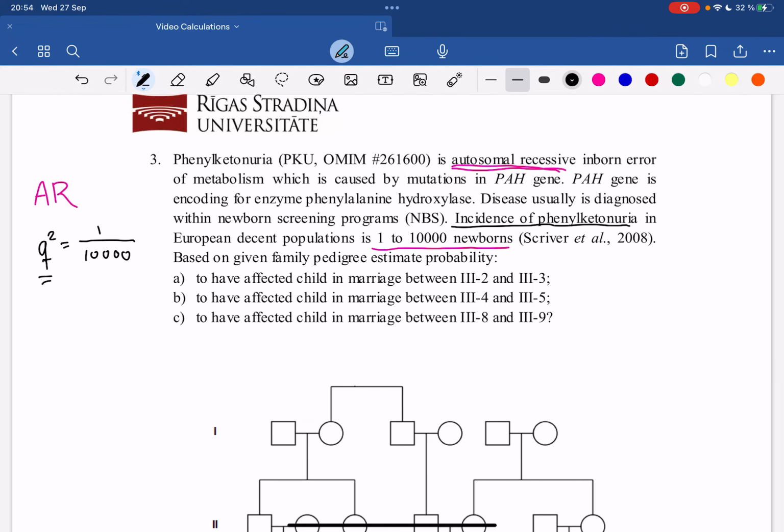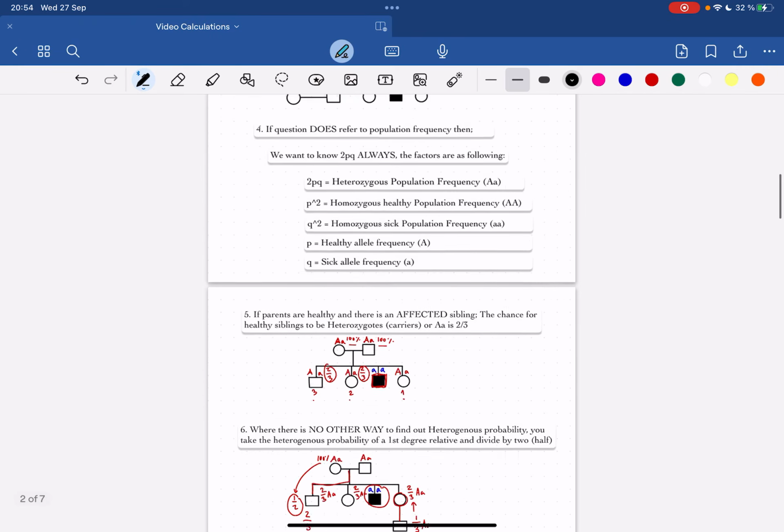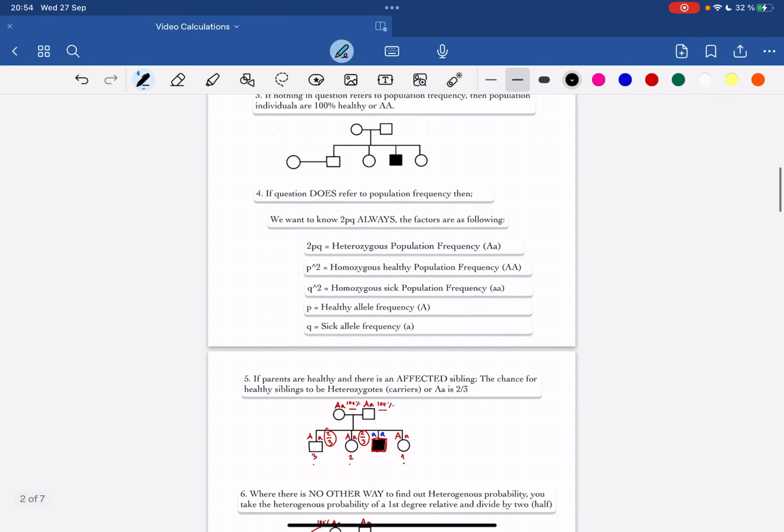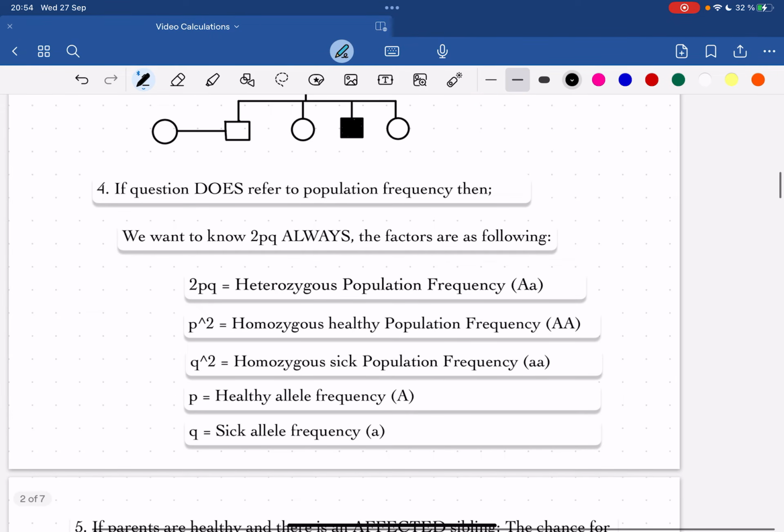Why is it q to the power of 2? Well, if we look here, q to the power of 2 is the homozygous sick population frequency, and we know that incidence rate is synonymous with this right here. That's why we know immediately that it's q to the power of 2.